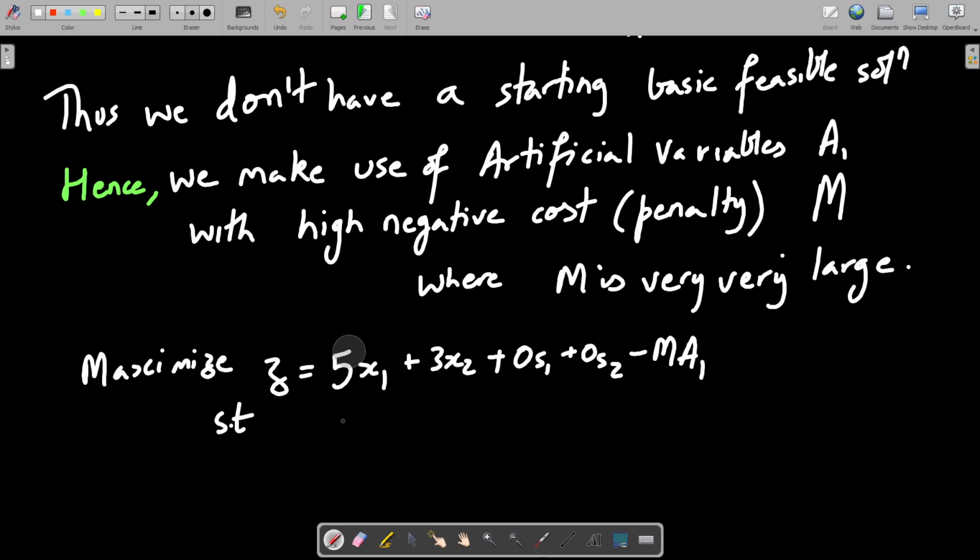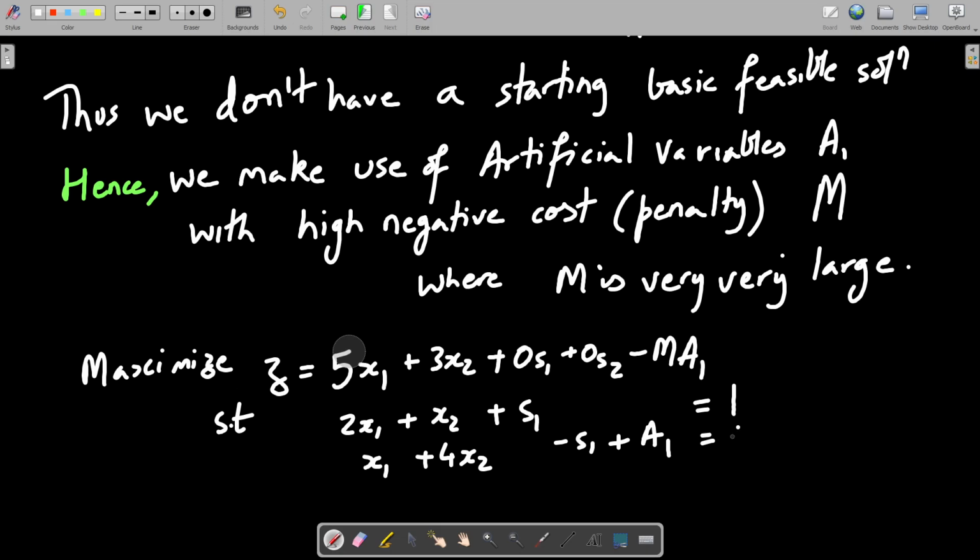subject to 2x1 plus x2 plus s1, okay. Next we have x1 plus 4x2 minus s1 plus a1, this is equal to 60.